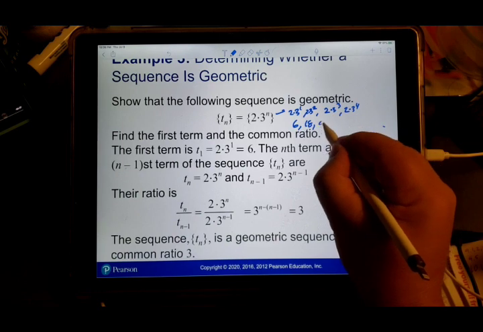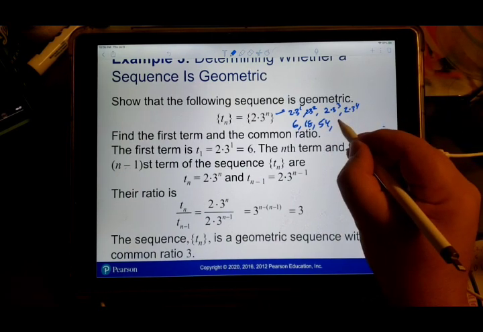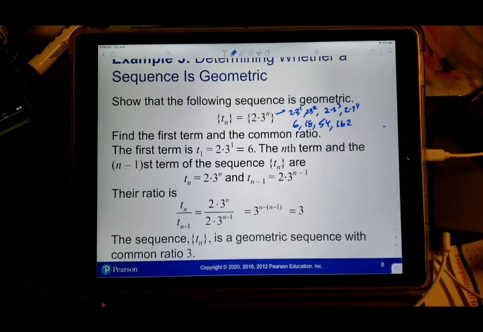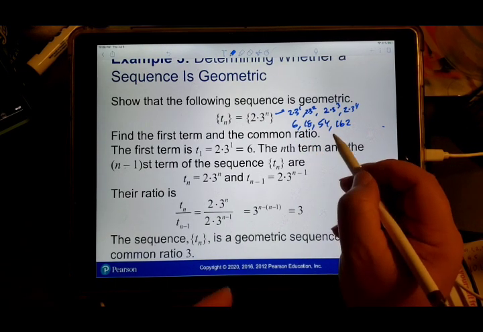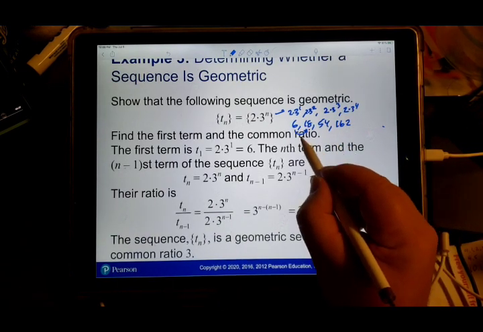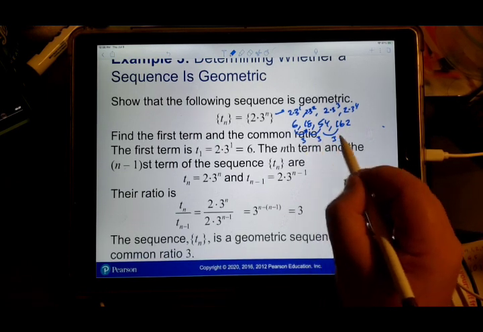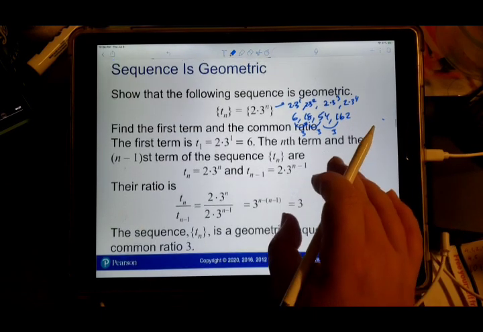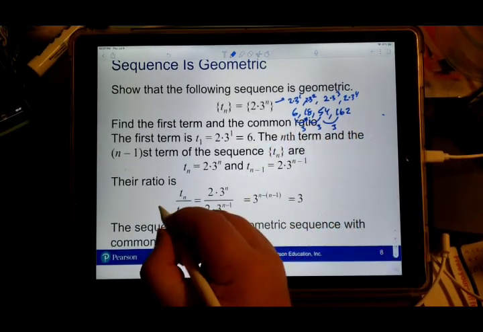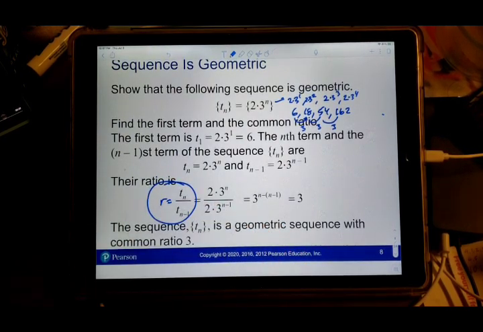This is 27 times 2, 54. 81 times 2, 162. What am I multiplying by? That's the question. Well, you're multiplying by 3. And so this idea of common ratio is a pretty straightforward concept, unless you intentionally make it more formulaic or more complicated.